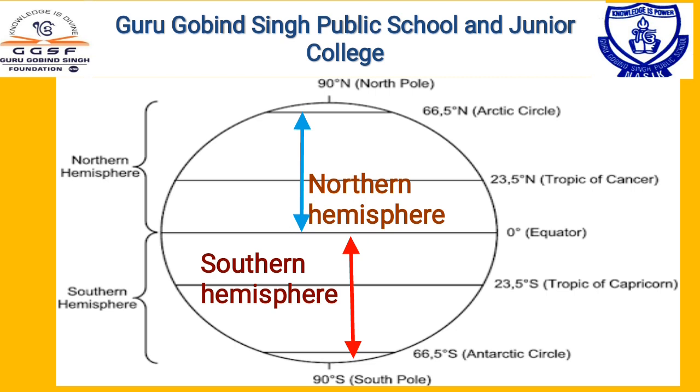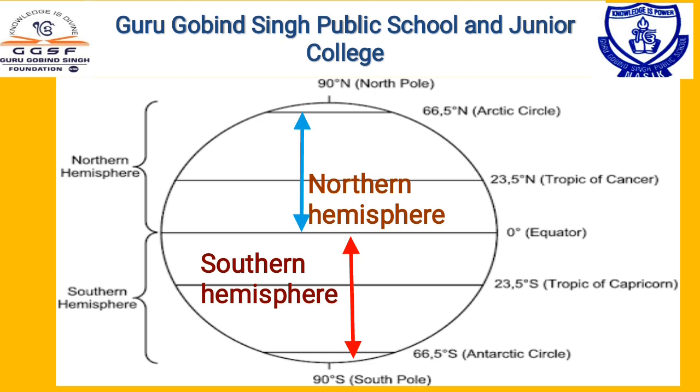For example, while referring to parallels from the northern hemisphere, we must say 5 degree north parallel, 50 degree north parallel or 30 degree north parallel, etc. While referring to parallels in the southern hemisphere, we have to follow the same thing. Means 5 degree south parallel, 15 degree south parallel, 13 degree south parallel in this way. Okay? Understand?